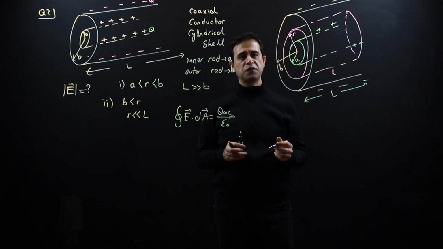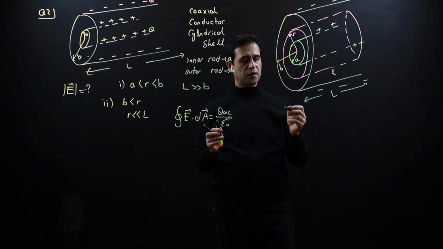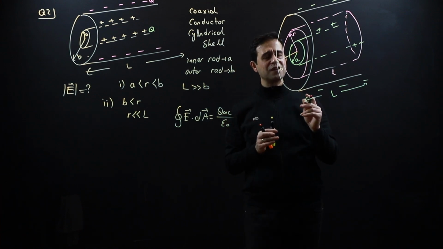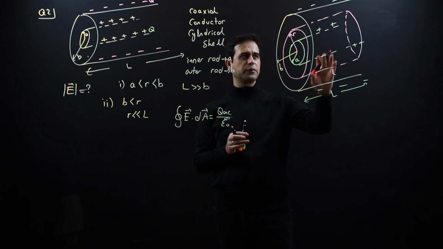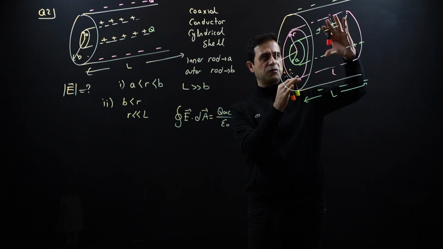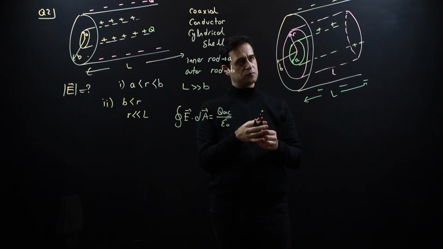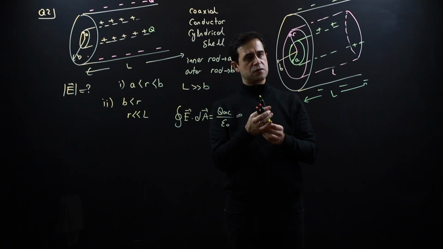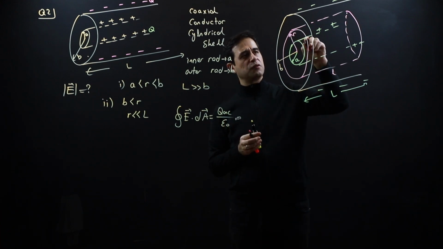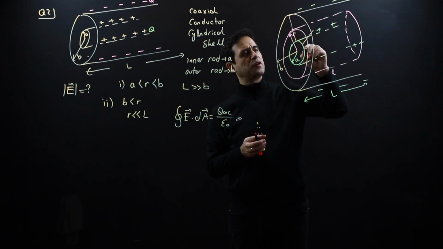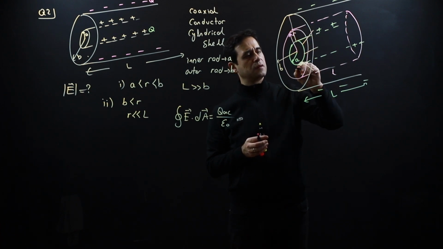This Gaussian surface has three parts. First of all, you can see that this is a uniform electric field, because if this is long enough and you take some portion of it, the electric field is going to be from plus to minus. So it's going to point something like that, always like this.